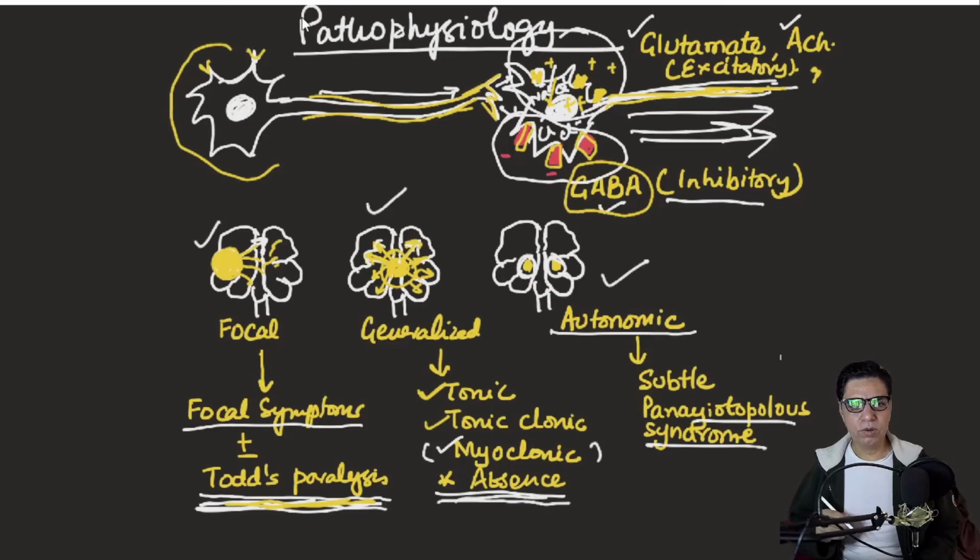It could be psychological phenomena, especially focal, when the temporal lobes are affected, like hearing strange voices, seeing strange things, strange smells. We call them deja vu phenomena. Similarly, the generalized ones, as I said, are tonic seizures, tonic-clonic seizures, myoclonic seizures, and then autonomic in the form of automatisms. This is especially more common in neonates and very small babies.